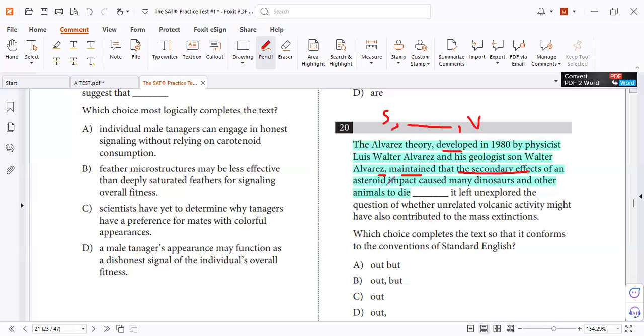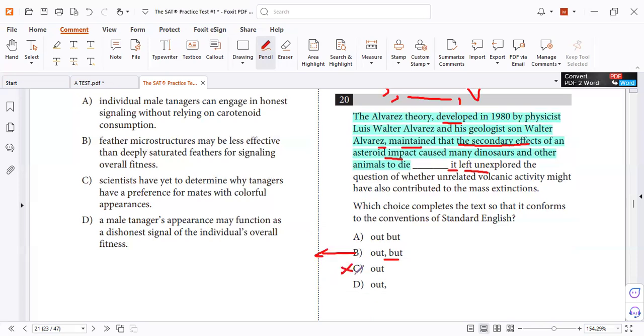But at the end, it's a complex sentence, no problem. So we need a comma for fanboys because the second one is complete already. So do we need a comma or not? Yes. Here, run-on mistake. Here, comma splice mistake, comma only. But here we need a comma.